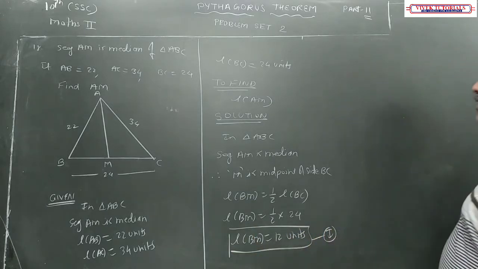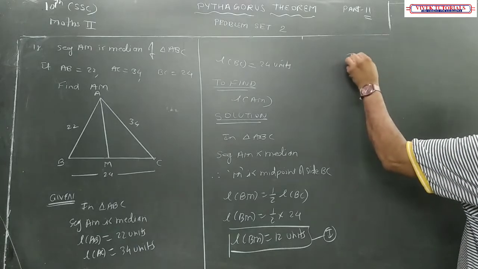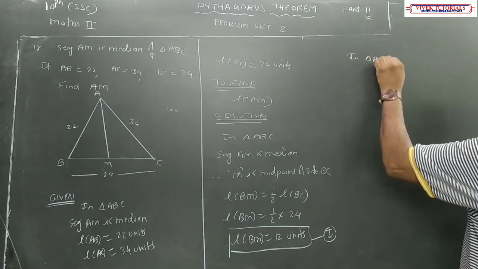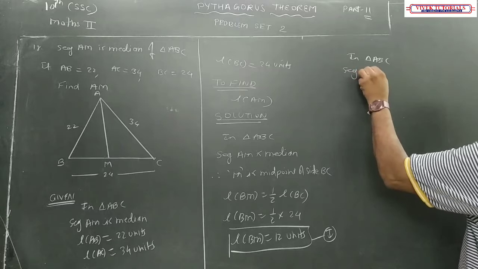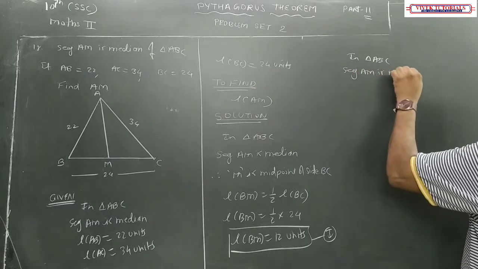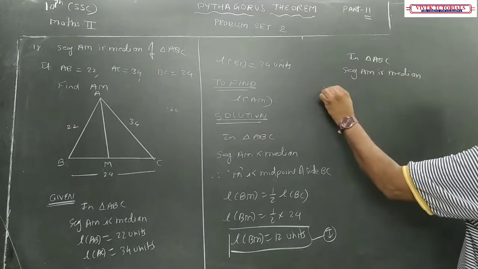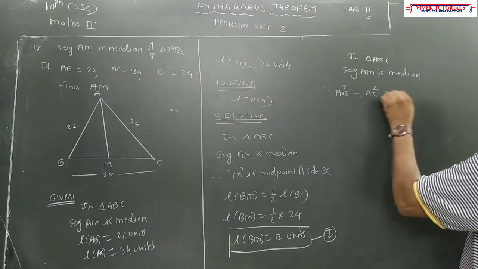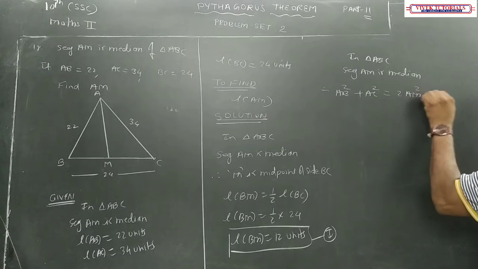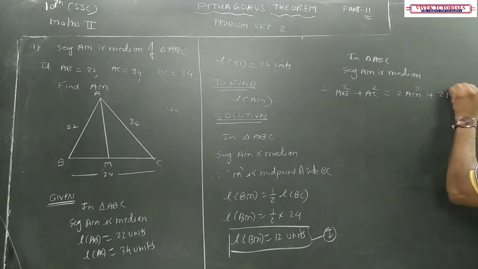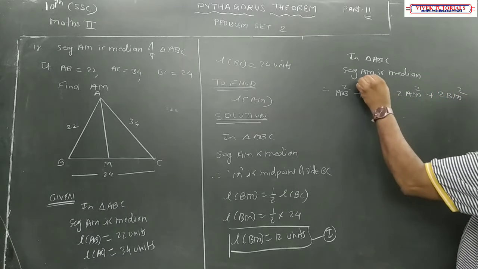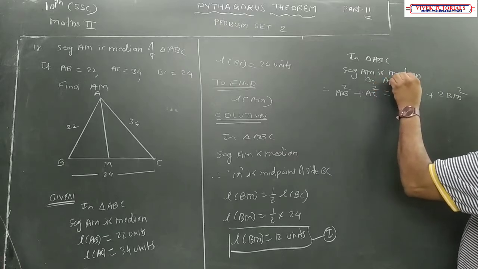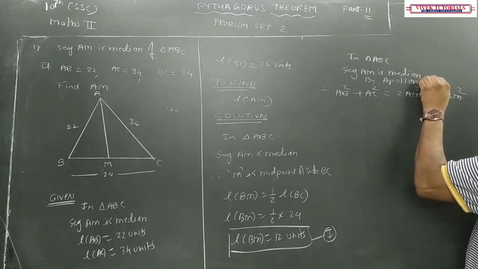Equation 1. Again, in triangle ABC, segment AM is a median. Therefore, AB square plus AC square is equal to 2AM square plus 2BM square by Apollonius theorem.